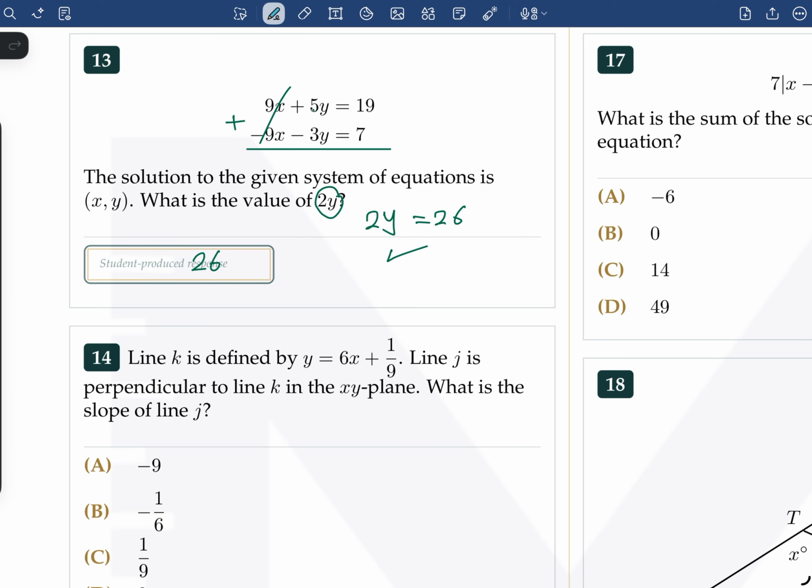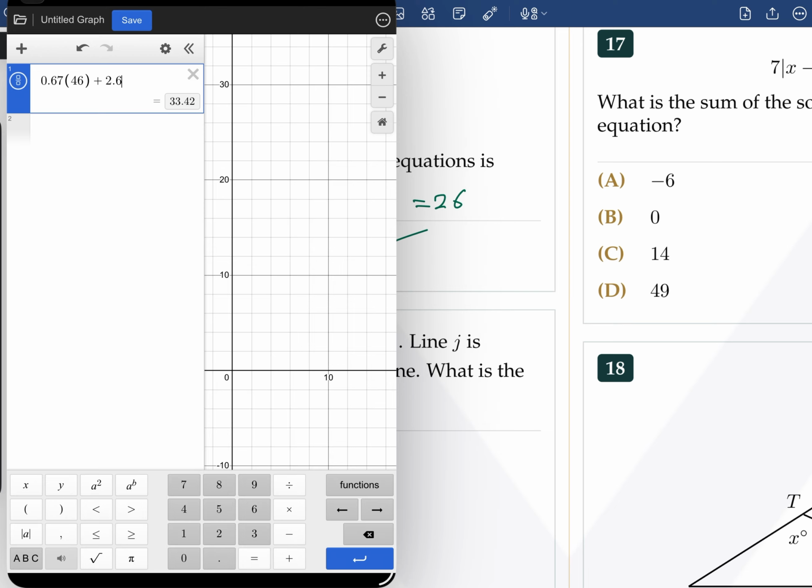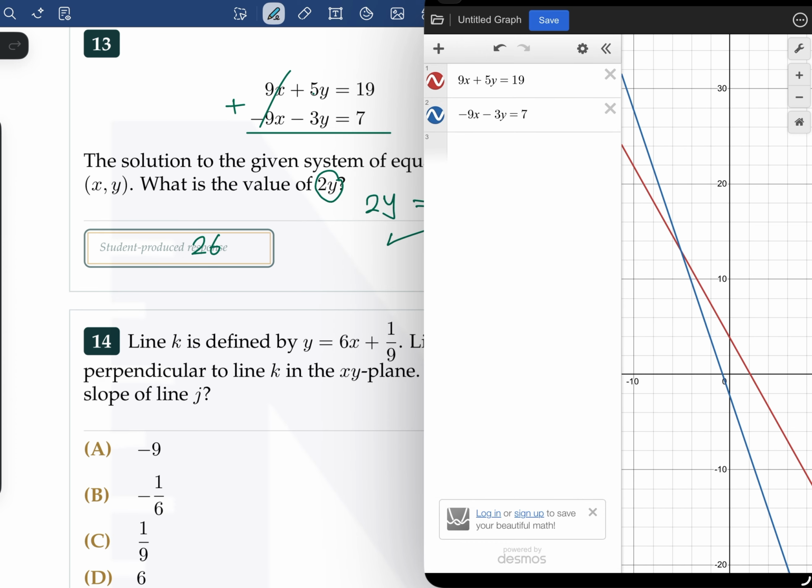That's it. You can also use Desmos, but this is not recommended for this kind of question because it is easier to answer without the Desmos calculator. But if you want, it's already here. We just write the system, maybe writing the system in 2 lines like this, 9x plus 5y is equal to 19, and then we go to the other line, negative 9x minus 3y is equal to 7, and we have the 2 lines intersecting at this point.